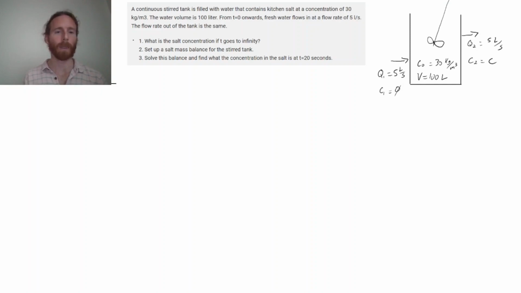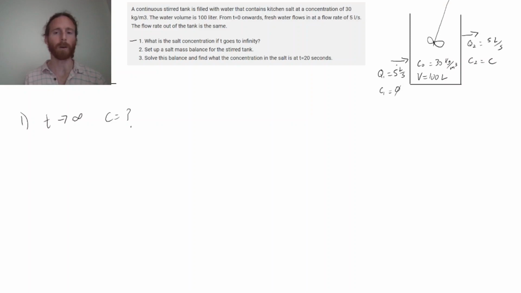The first part of the question, number one: what is the salt concentration if t goes to infinity? As t goes to infinity, C equals question mark. Well, this is something that we can answer just by thinking about it.